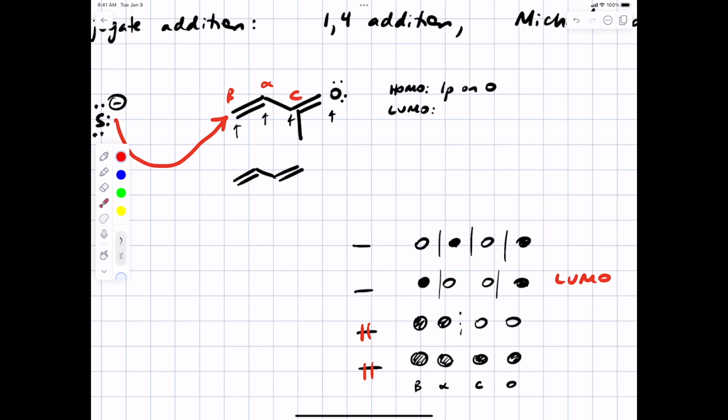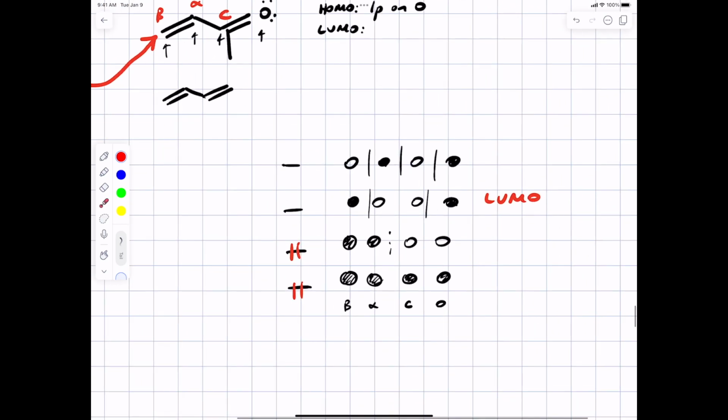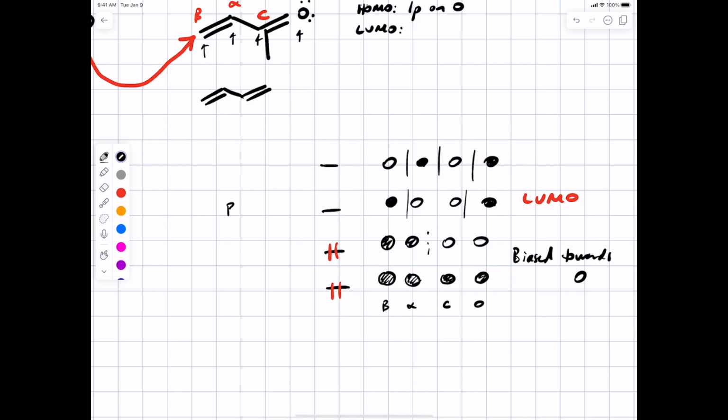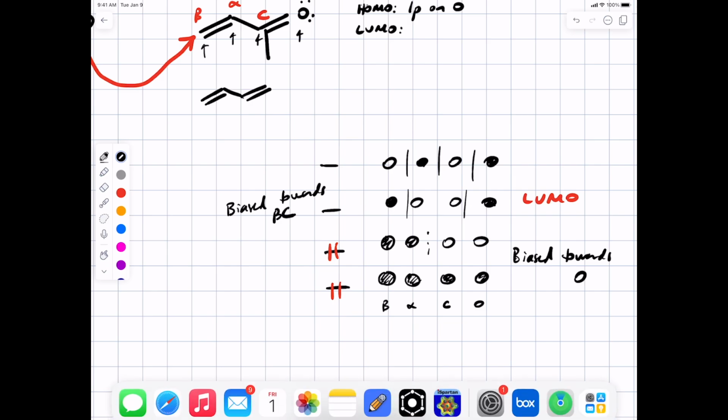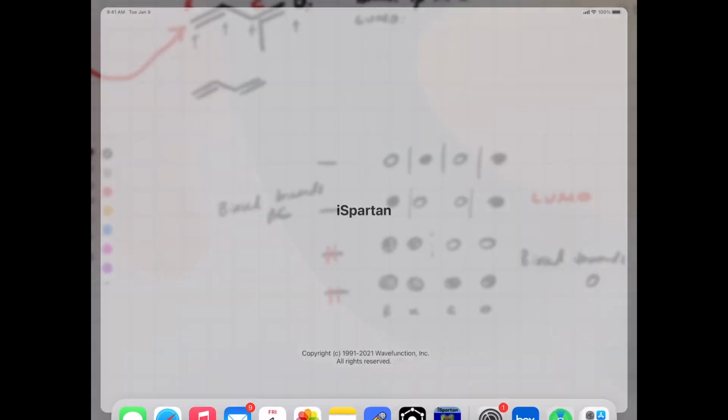The carbon-oxygen pi bond's lower in energy. So what that tells you is that the bonding orbitals are going to be biased towards oxygen, and the anti-bonding orbitals are going to be biased towards the beta carbon. And we can actually show this in Spartan.